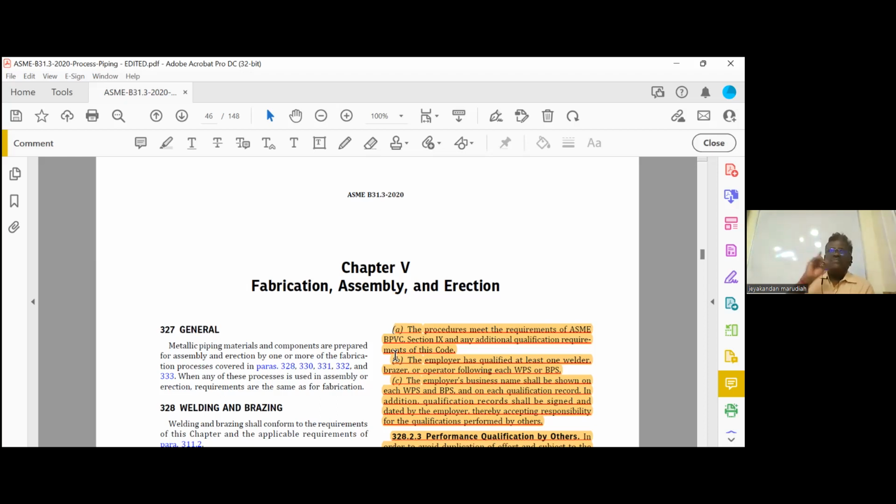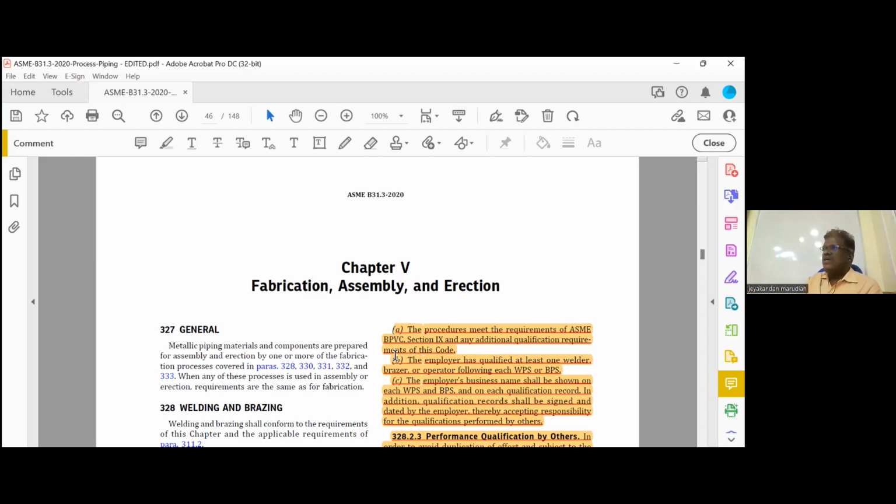That is one. Second one is, as per section 9, you cannot use other companies' procedures. The procedure should be qualified by the organization itself. You cannot borrow the procedure. You cannot say, I don't have the procedure, I will use that company's. No, you cannot use it, unless both companies are managed by the same management. If they are the same management, we can use it. Otherwise, if it is a different management, you cannot use it as per section 9.